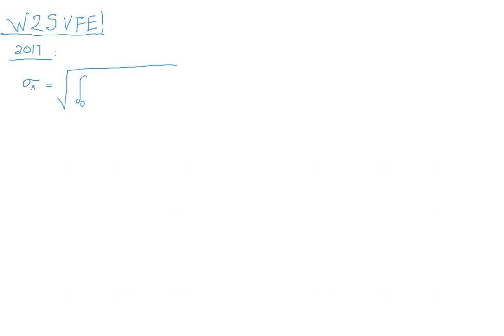For the first case is 0 to 4, x squared fx dx. Then take away the mean square, correct? And the mean, you are using this formula, correct? So that means when we use this formula, we are talking about how much is deviate from the mean.